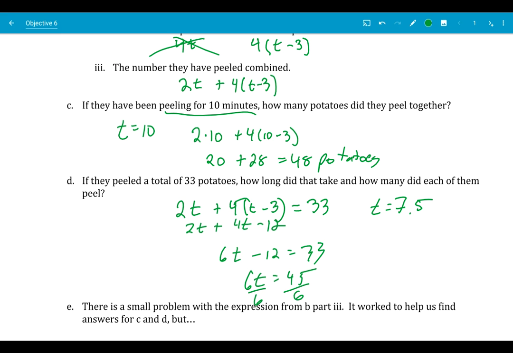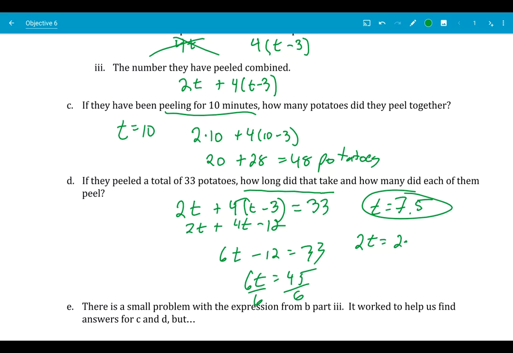Now, that unfortunately only answered the first part of the question, how long did that take? I now want to know how many did each of them peel individually. This is a little bit tricky, but what I need to do is plug in 7.5 for t into those expressions individually. So I would have peeled 2t potatoes.